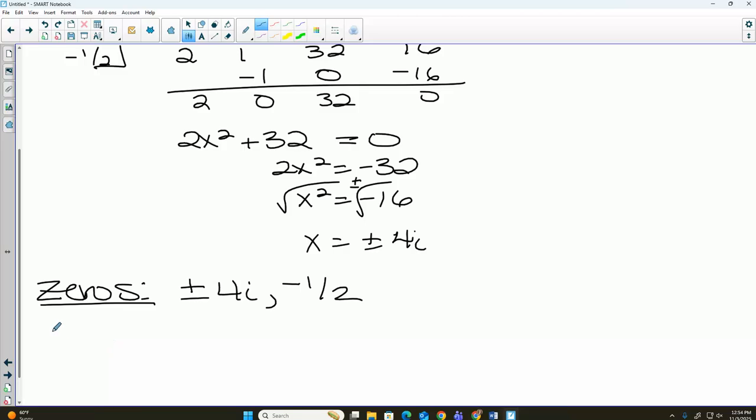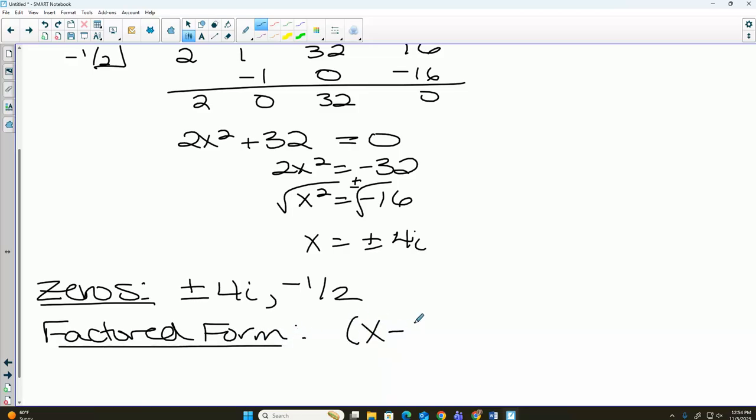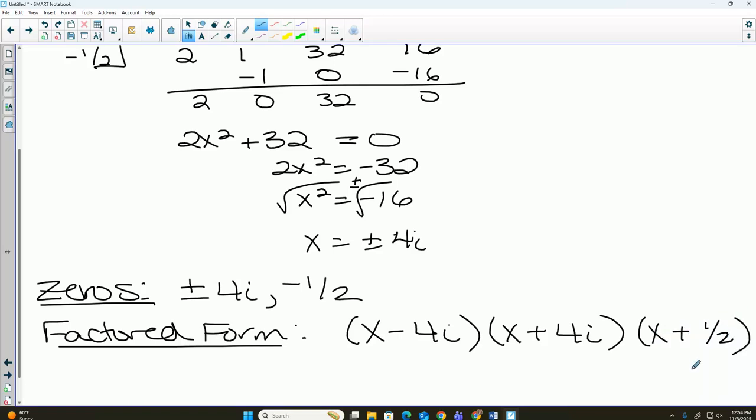Now, the factored form. There are a couple different things you could have. If 4i is a 0, that means you have x minus 4i. If negative 4i is a 0, that's x plus 4i. And negative 1/2 would be x plus 1/2. But if you multiply this out, you don't get the original polynomial.